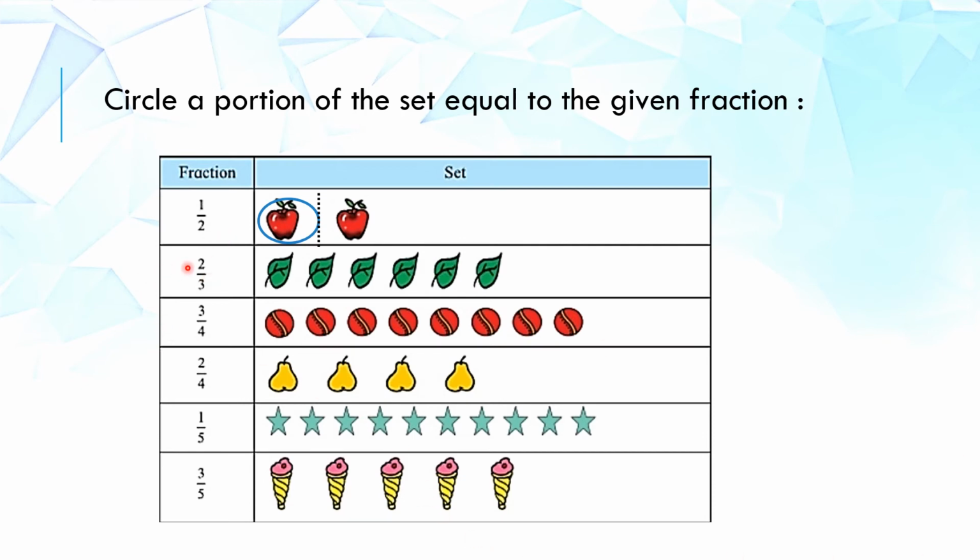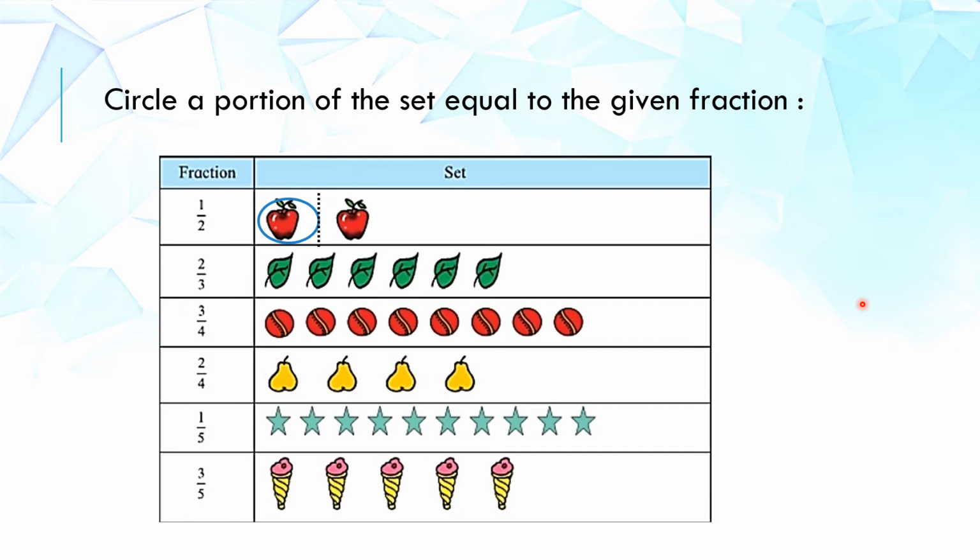Now next is 2/3, which means we have to make 3 parts, and from the 3 parts we have to take, means circle, 2 parts. So here 1, 2, 3, 4, 5, 6 leaves are there. We have to divide these 6 leaves into 3 parts.